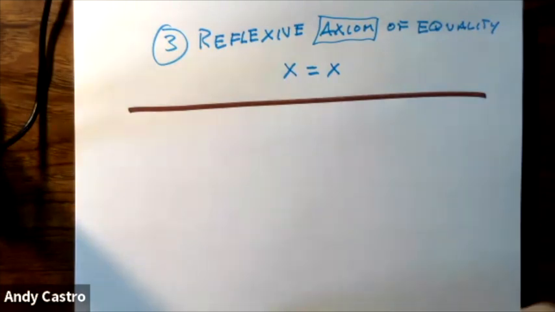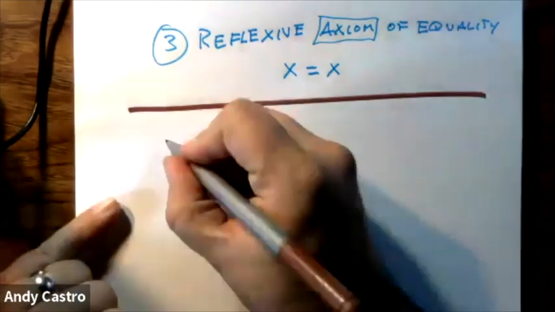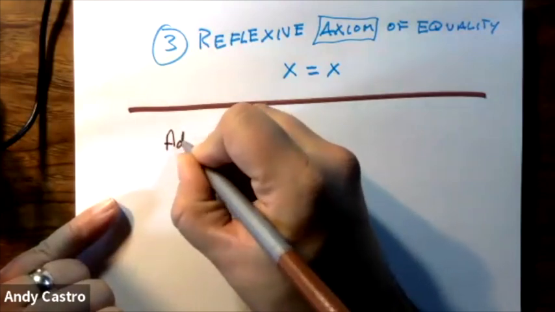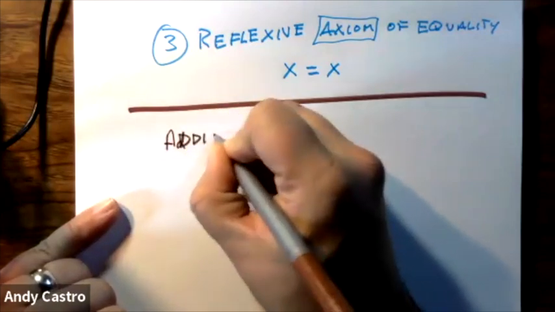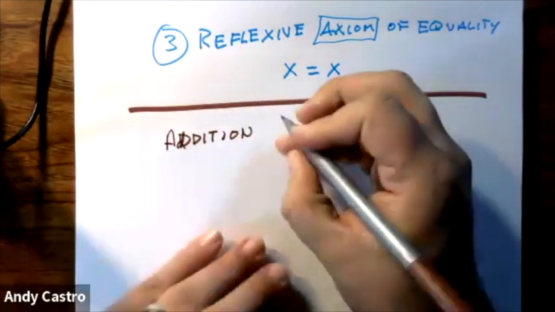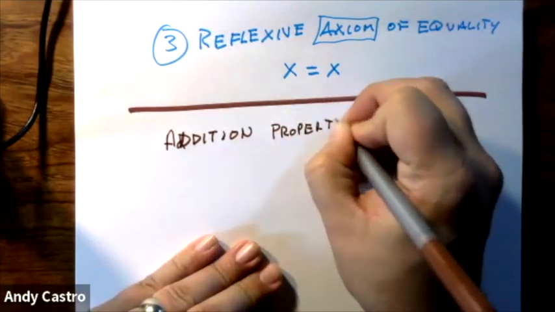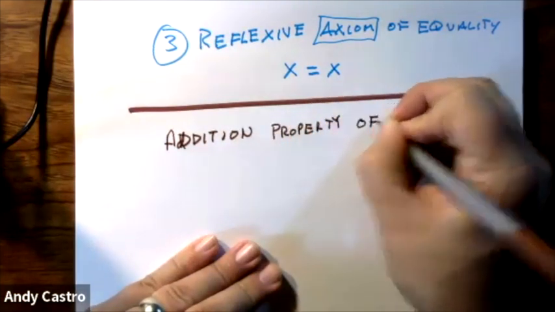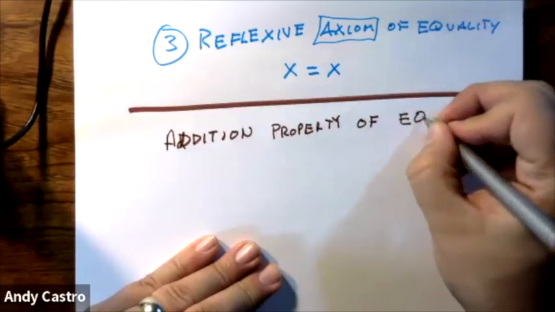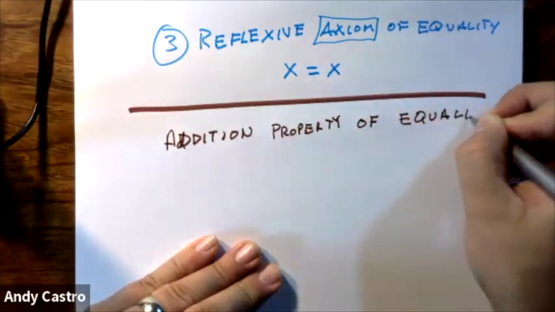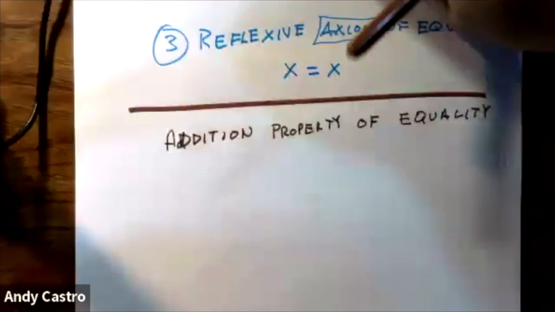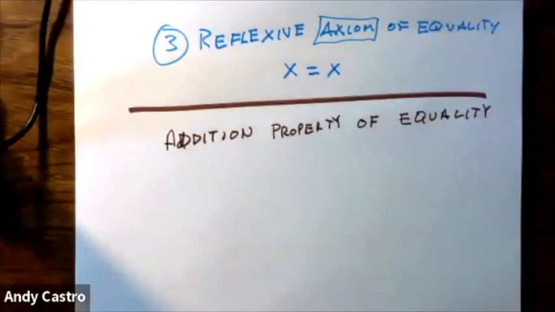All right. So the first one is called the addition property of equality.